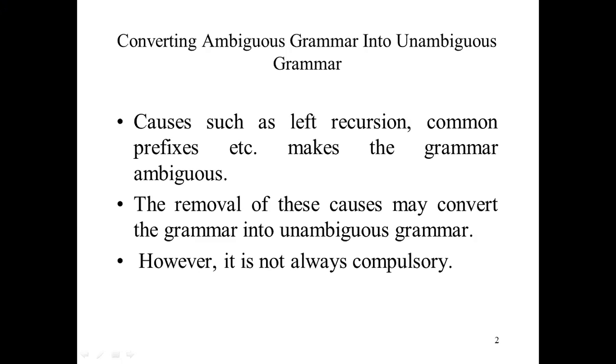So in the center we have the production symbol, and on the left side and right side we have left recursion and right recursion. Sometimes common prefixes make the grammar ambiguous. For this, I will consider an example in the next slide.